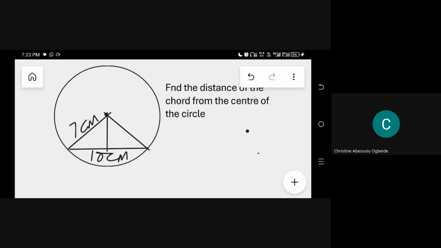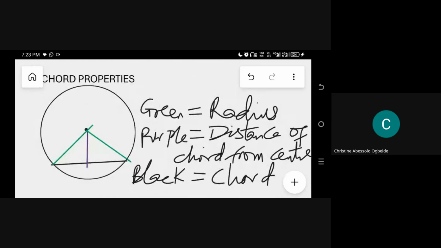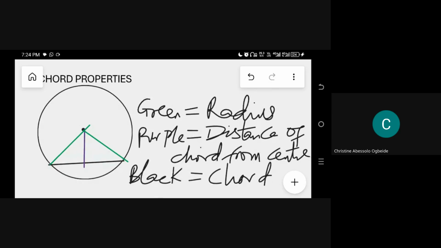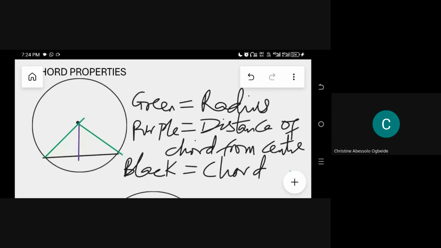Is it the radius? We have the radius. The radius is 7 centimeters already. You see it here? The radius is 7 centimeters. That's the distance from one point on the circumference to the center. So we have the radius green. Green for radius, purple for distance of the chord from the center, black for length of the chord.